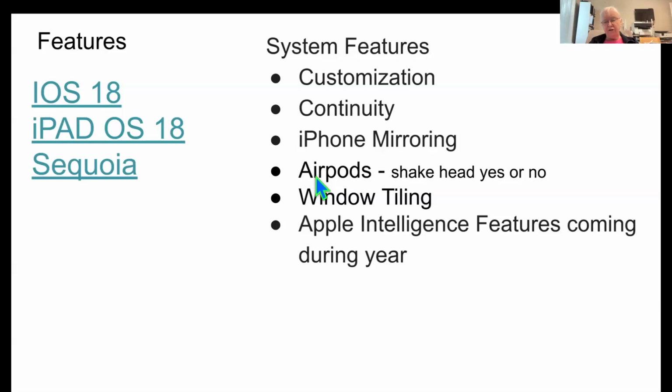If you have AirPods, you can shake your head yes or no rather than hit a button on your phone or your computer if it's logged in. Window tiling, and there will be a lot more of these Apple Intelligence features later this year. And basically, Apple, in its wisdom, has decided to consider AI as Apple Intelligence rather than artificial intelligence.